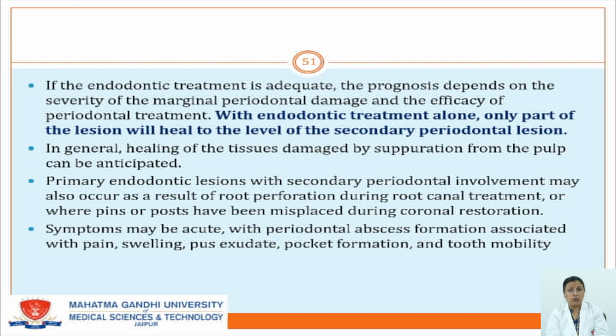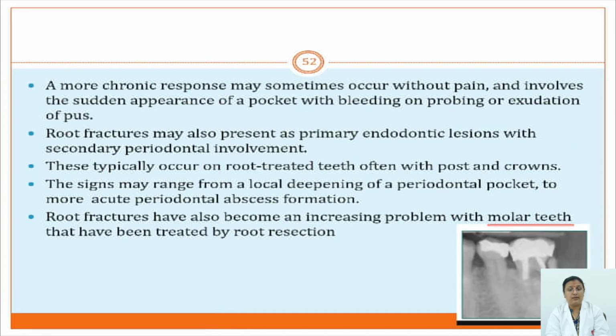Symptoms can be acute, with periodontal abscess formation associated with pain, swelling, pus exudate, pocket formation and tooth mobility. A more chronic response may sometimes occur without pain, involving sudden appearance of a pocket or exudation of pus. This happens generally in root fracture cases.